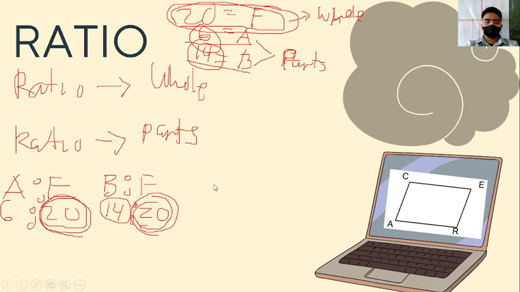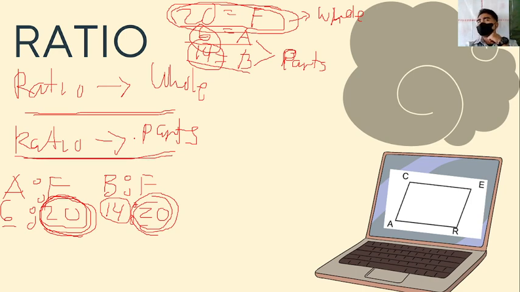Now, in ratio, you have two kinds: the whole and the parts. If you compare your parts to your whole, this is what we call ratio to whole. Now, what is ratio by parts? If there will be a question like, what is the ratio of the total number of apples to the total number of bananas?